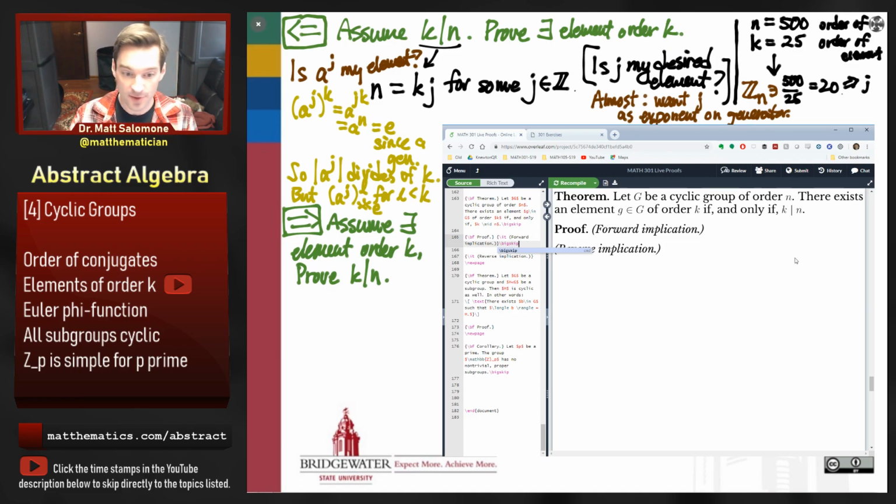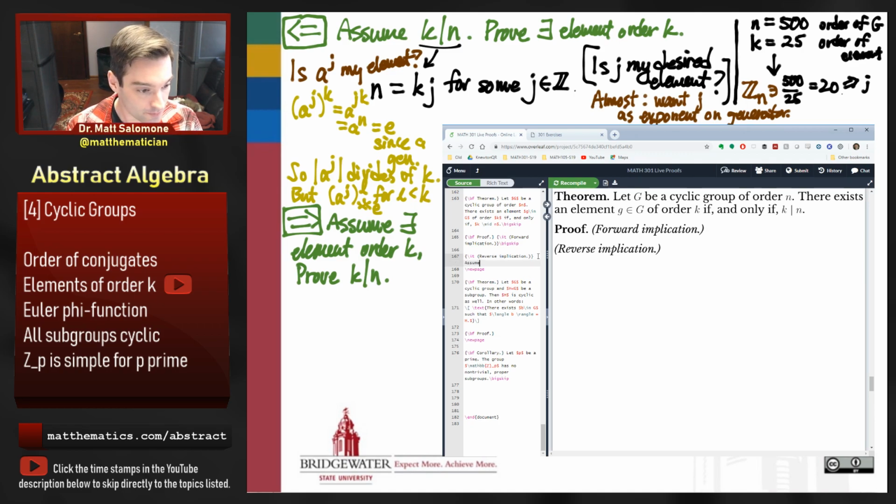So here are my napkin scribbles. Let me turn those into a proof of what will be our reverse implication, right? Because we're starting by assuming that k divides n, and then proving that there exists an element of order k. So we'll signal to the reader that what we're doing here is proving in a direct proof the reverse implication.